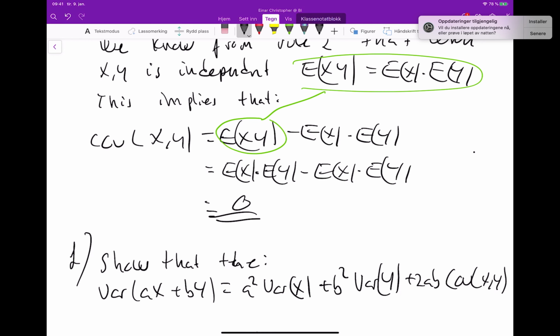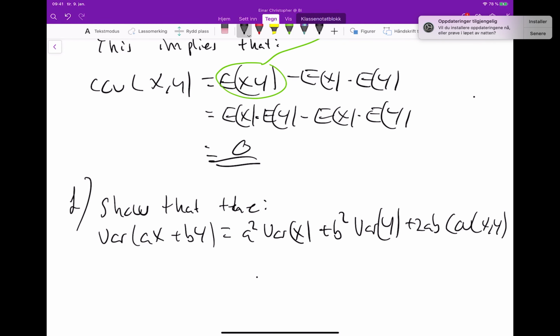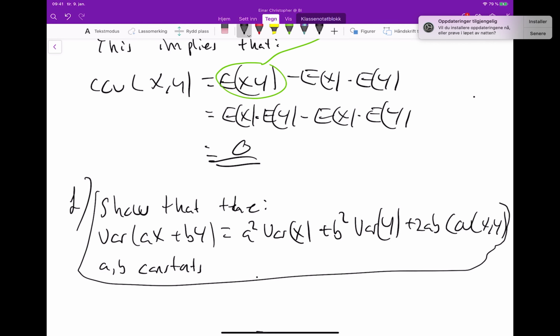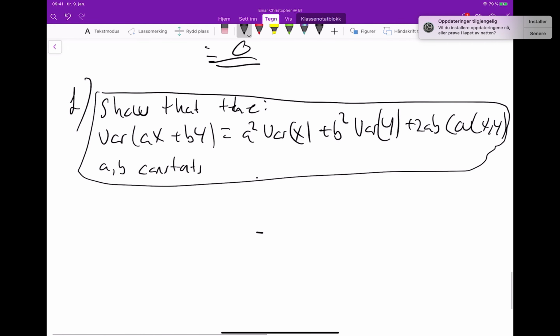So we will show this connection. A, b constants. If you doubted it. Okay, we have to go the hard way.